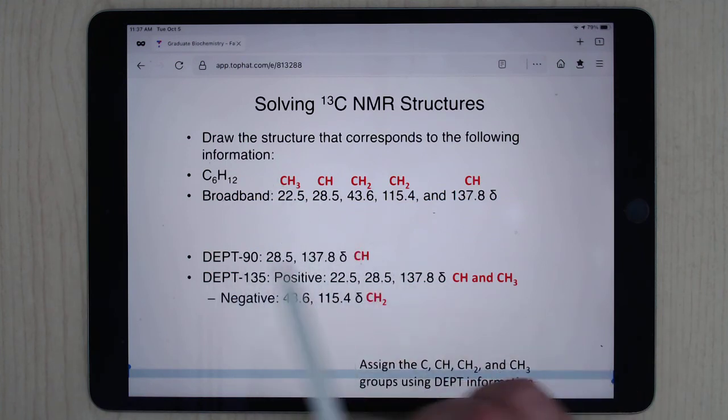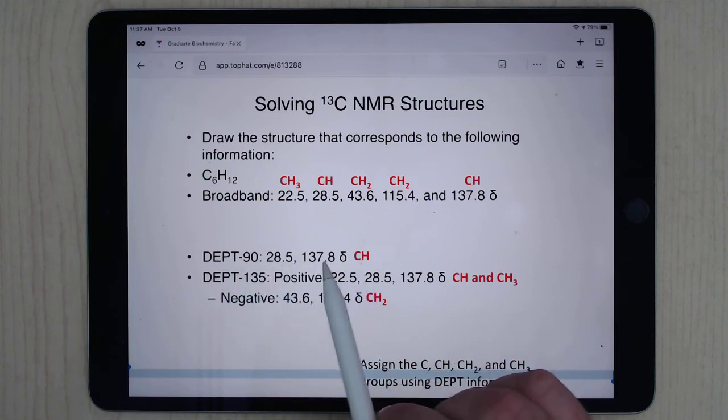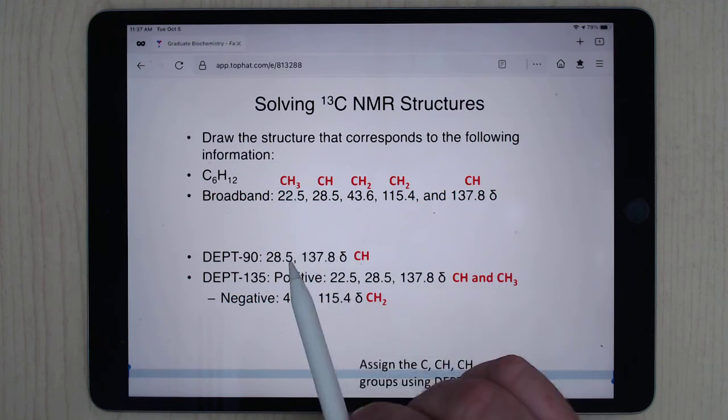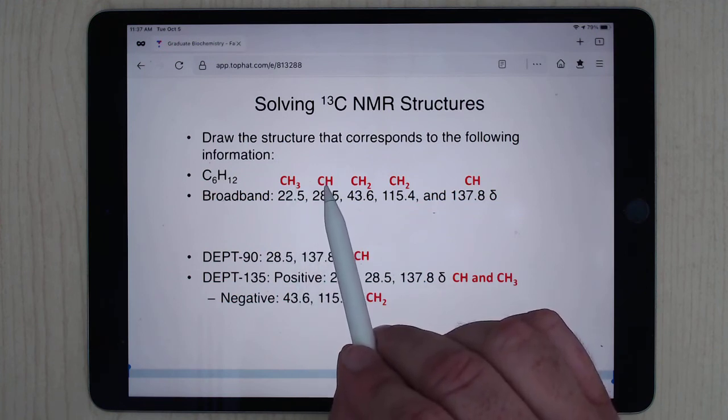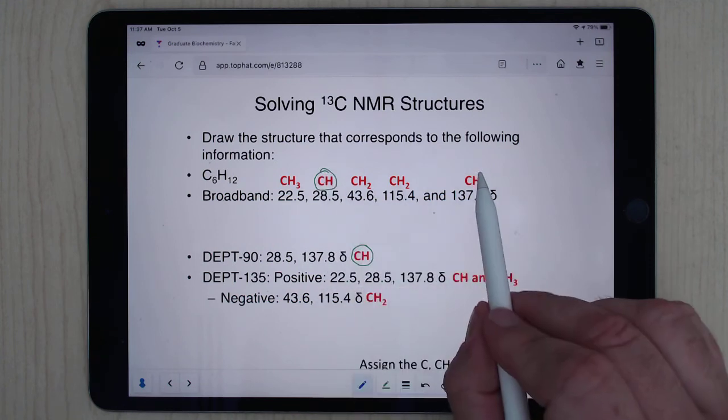Next up, we're going to use the DEPT experiments. So we say, okay, there's a hydrogen, so we know the DEPT-90 has to be a CH. So we know that this is a CH, this is a CH, and this is a CH.